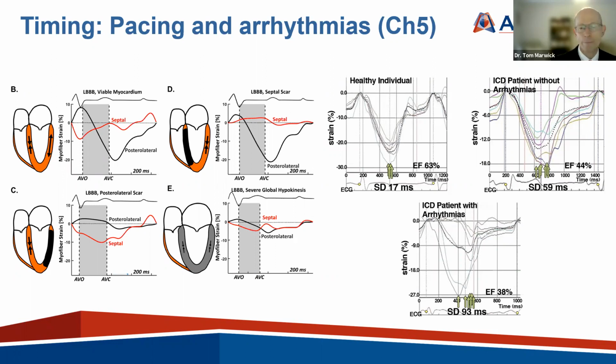And there have been a number of efforts to try and resolve this using strain markers of dyssynchrony. On the right-hand side of the slide is the assessment of dispersion of mechanical function in the ventricle, and this is kind of the analog of measuring the degree of scar in the ventricle, and a marker of the risk of serious arrhythmias such as VT and VF.